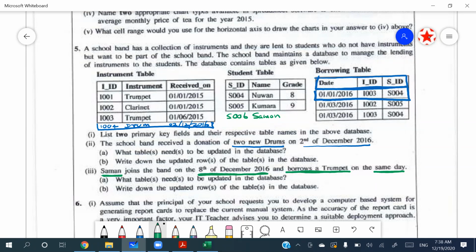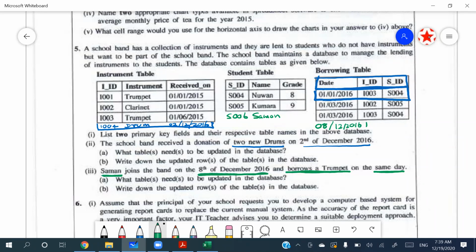And he has joined on the 8th of December and borrowed a trumpet on the same day. So then the borrowing table should be referred to. 8th of December, so you have to say 8/12/2016, and this IID is going to be the trumpet's ID, which means there are two trumpets, I001 and I003.